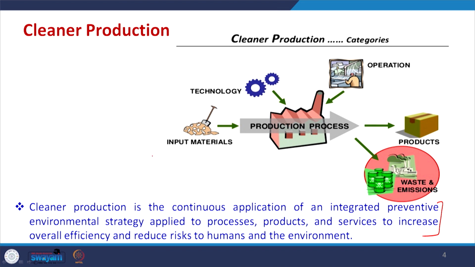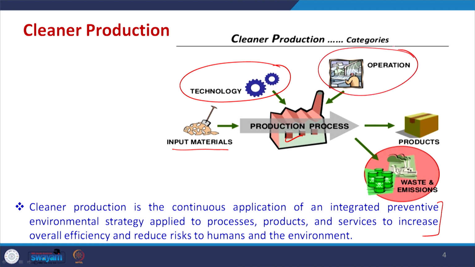So, in any production process we have input materials. Now, the input material goes through certain production processes depending upon the technology and the operations which are performed, the products will come out and also waste will come out. Now, we have to choose a technology which is cleaner technology and operations are also cleaner.